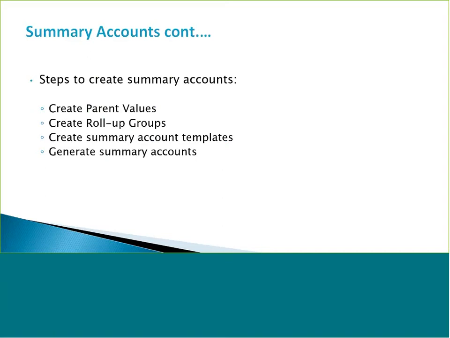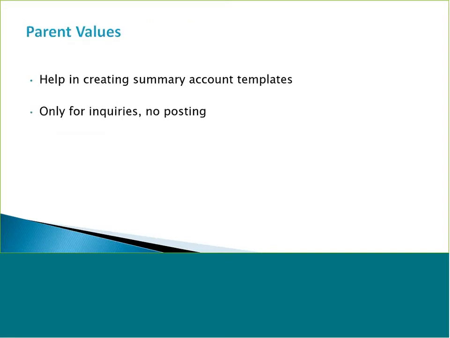Then we need to create roll-up groups. After we create roll-up groups, we need to create summary account templates, and then the summary account templates will be used by the system to generate summary accounts against which we can check the summary balances that we want to check. Let's go to our first topic, which is parent values.